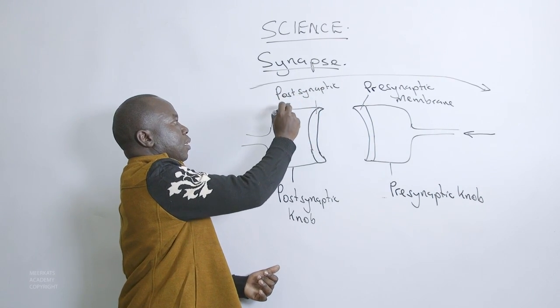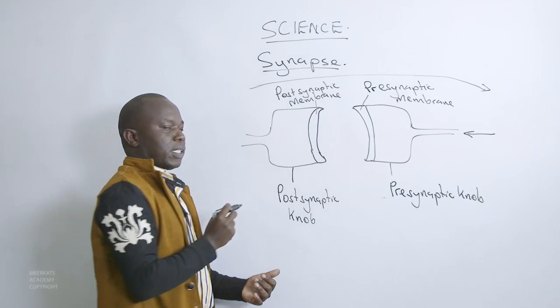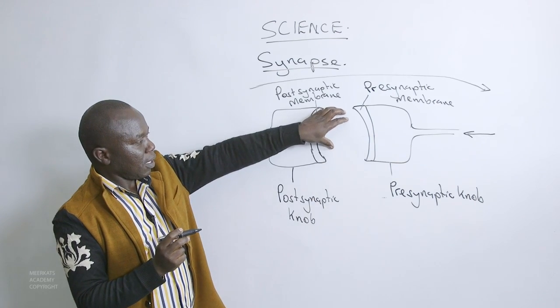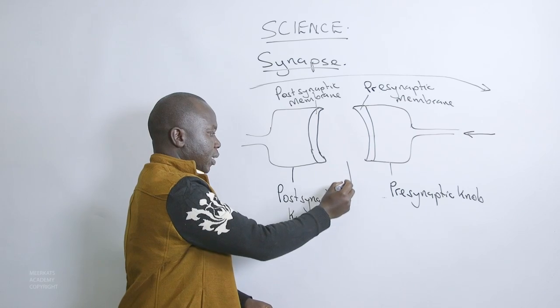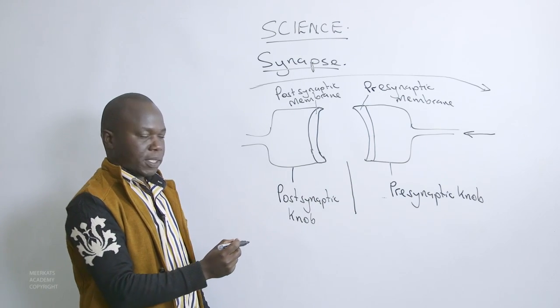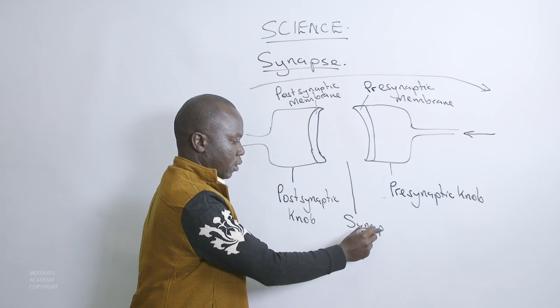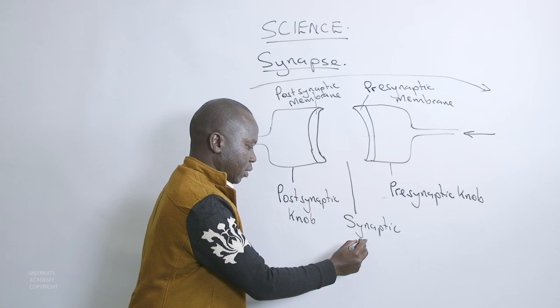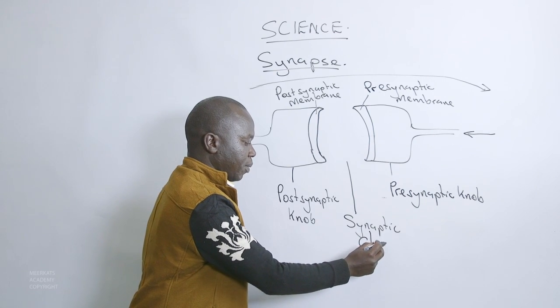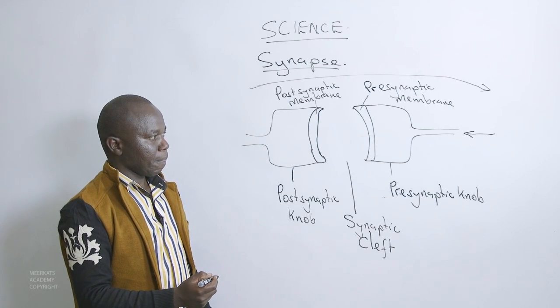Postsynaptic membrane. Then the gap that is left is given this name, synaptic cleft. Just the way it is pronounced, it is also written.